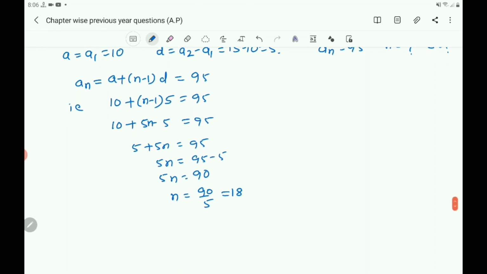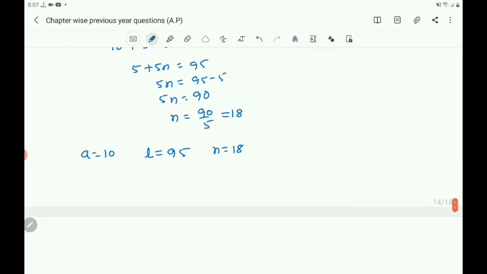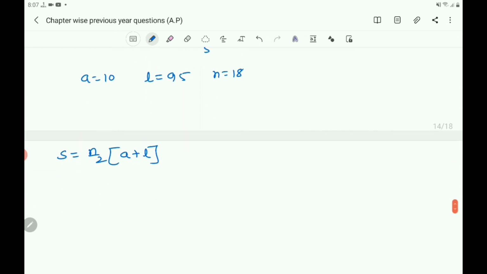So write the formula. Here A is 10 and L is known, that is the last term, 95, and N equals 18. So you write the formula S equals N by 2 into A plus L. N is 18 you got, 18 by 2, A is 10 and L is 95.